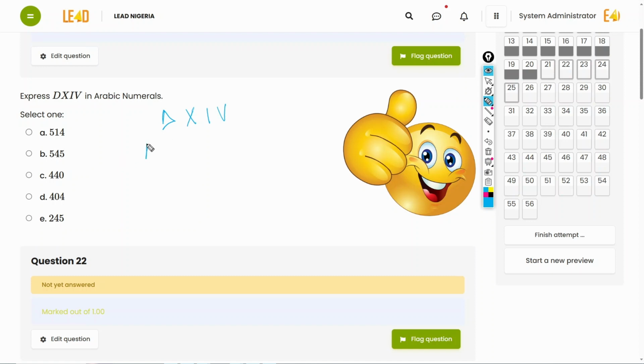It is D plus X plus IV. So this is 500, plus X is 10, plus IV is 4.